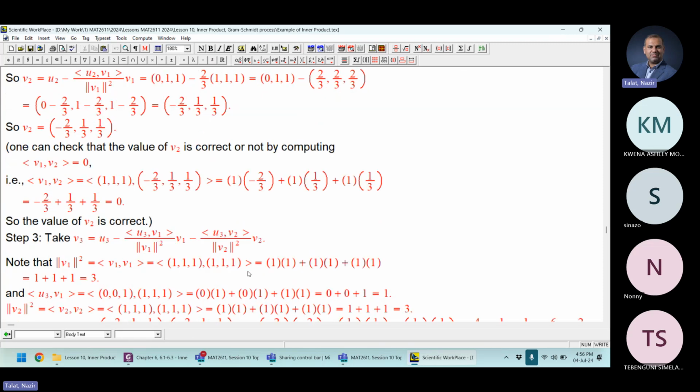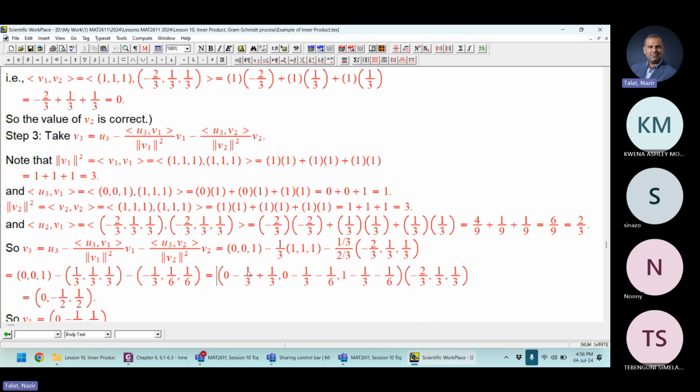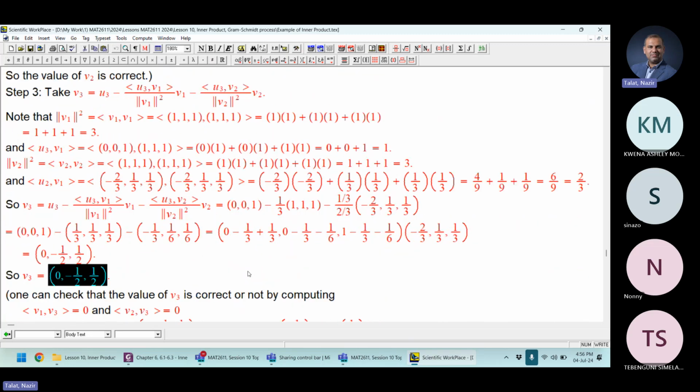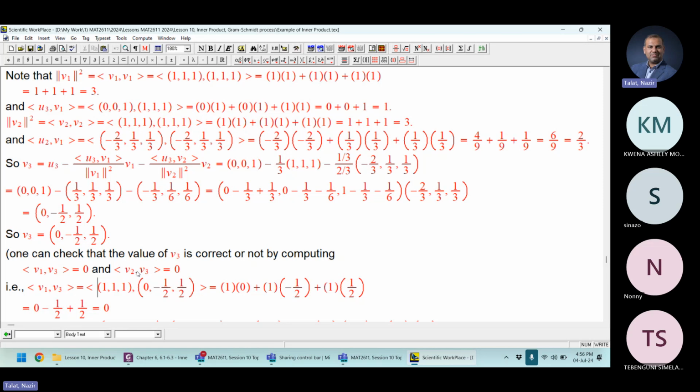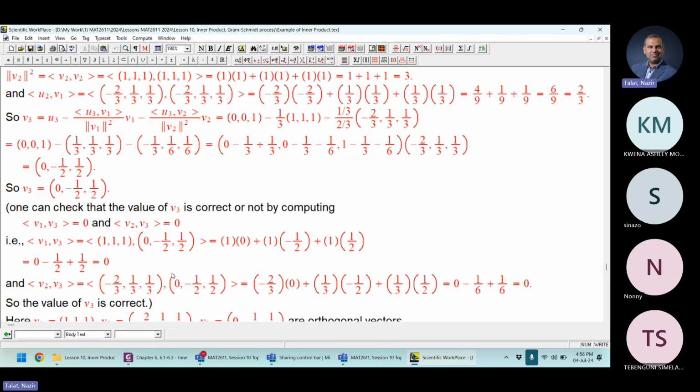If you compute these values, you will get a vector V3. And one can check that the inner product of V1 with V3 is 0, and the inner product of V2 with V3 is 0. It means V3 is orthogonal to V1 and V2.